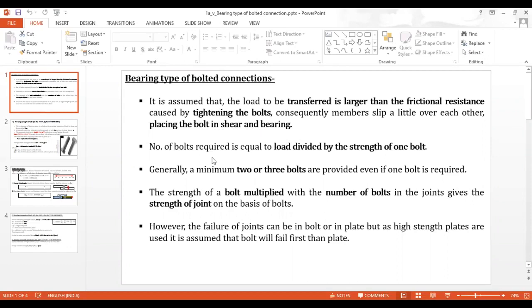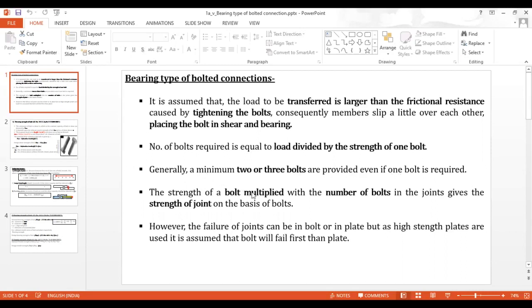The number of bolts required is equal to the load divided by the strength of one bolt. Generally, a minimum of 2 or 3 bolts are provided even if one bolt is required.